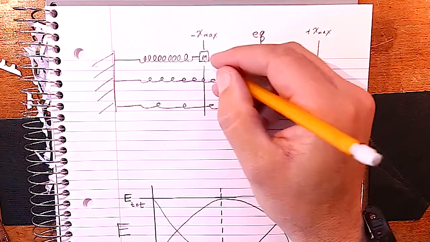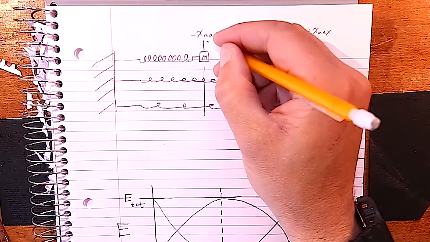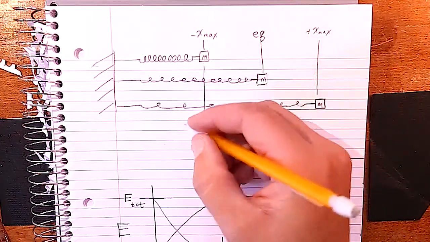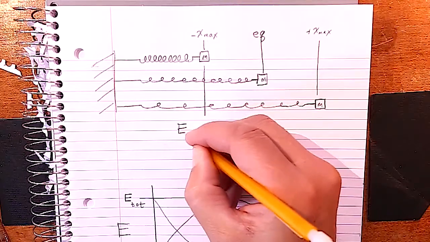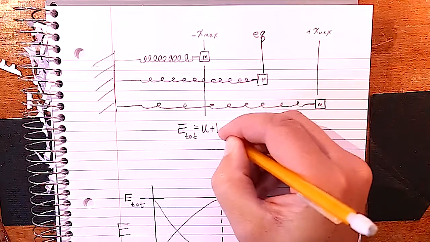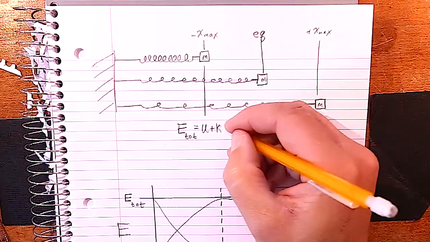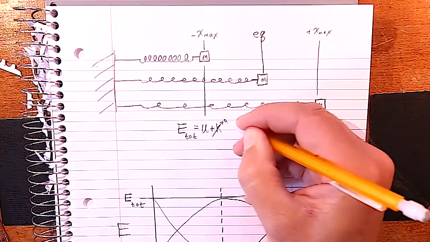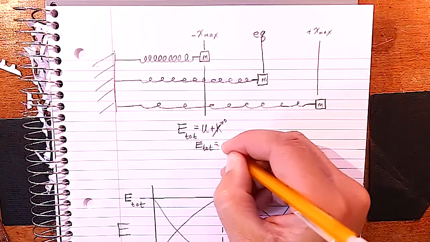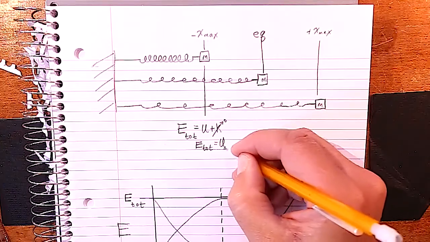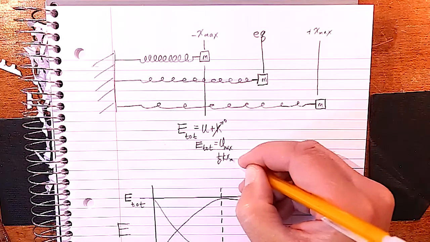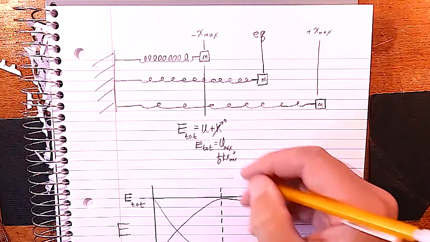Well, at this point, it's at its maximum negative position, so it's stopped, which means that if we look at the energy total, that's going to be U plus K. And what is the kinetic energy once it's stopped? That's zero. So the total energy is going to equal U max, which is going to be 1/2 k x max squared. So that's the total energy.